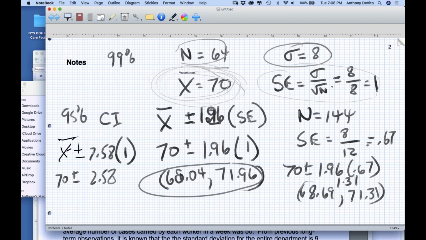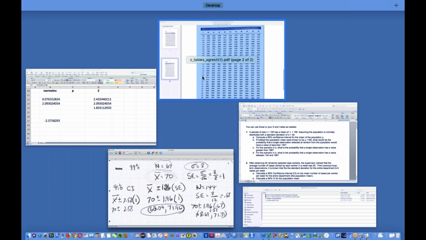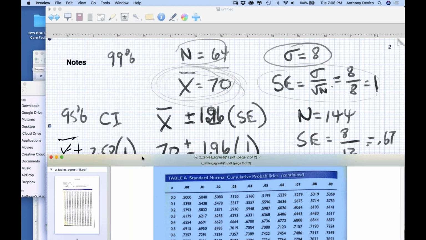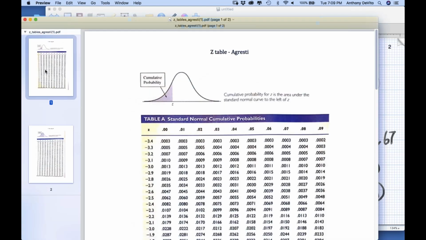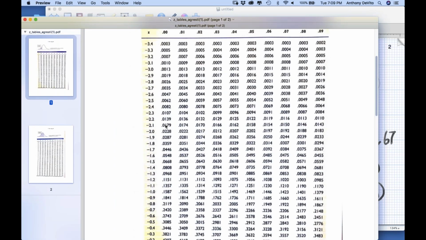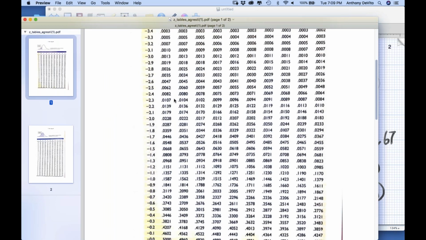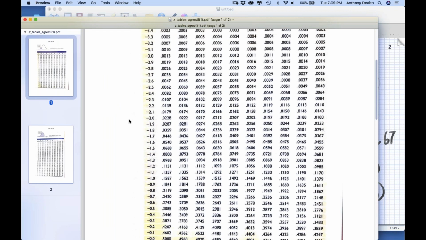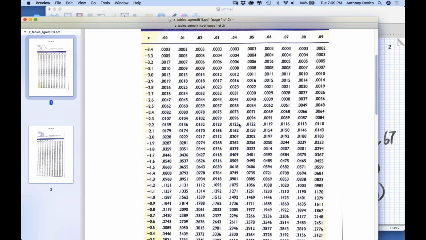That's simple. Anybody know what z-score you would use for a 90% confidence interval? This time I'll use the table. Hang on a second. 90% means it's 5% on the lower end and 5% on the upper end. So I'm going to look at the lower end and find what z-score I need to have 5% to the left of it.